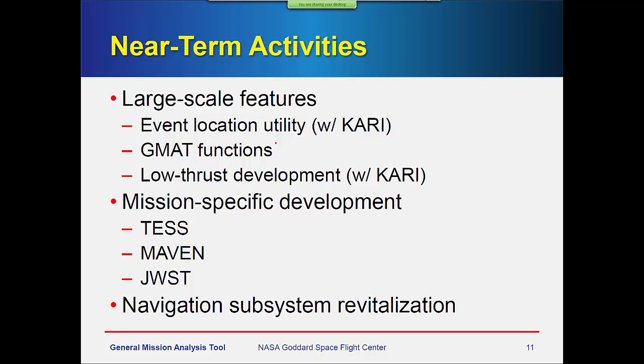In terms of things we're working on in the future, we really have 3 large-scale features. Number 1 here is event location. One of the weaknesses of GMAT right now that we'll readily admit is that you cannot simulate your mission and then ask it, what are my eclipse times?